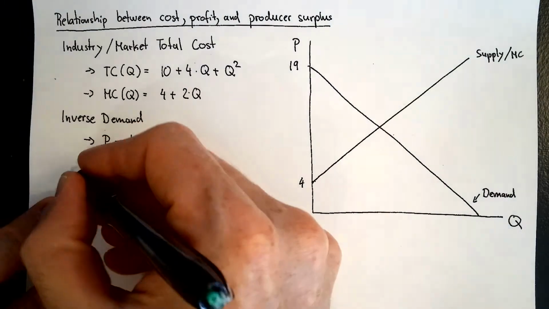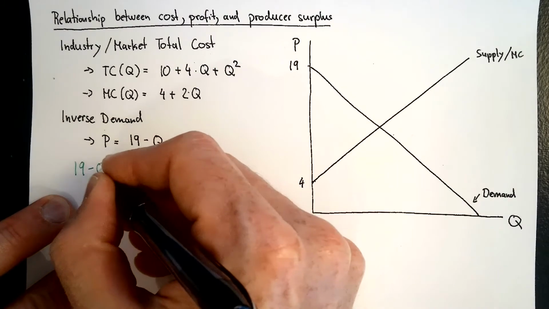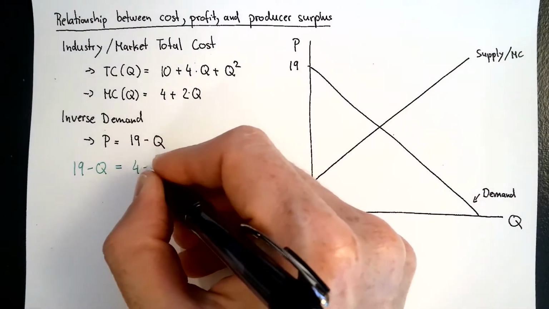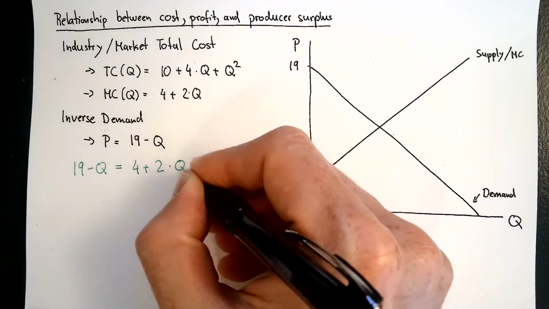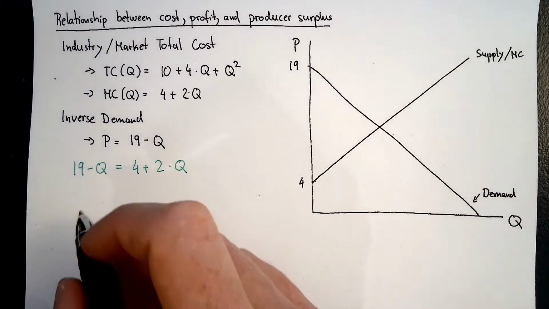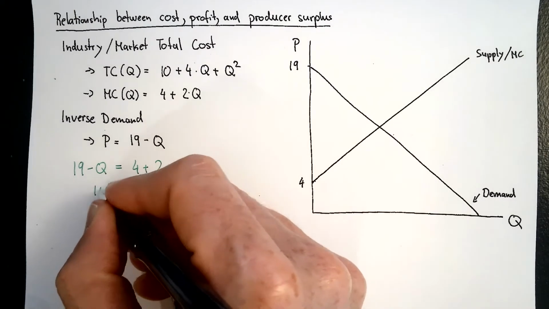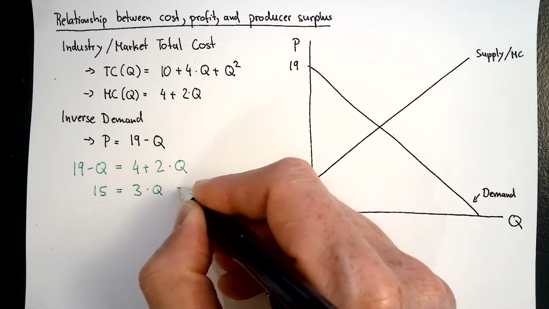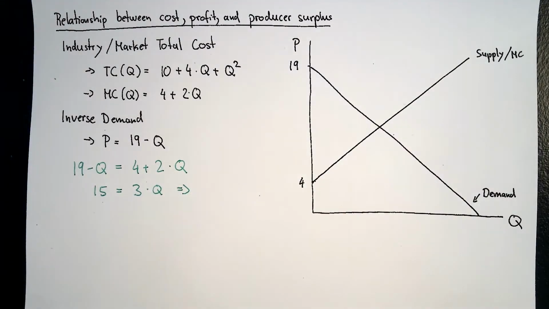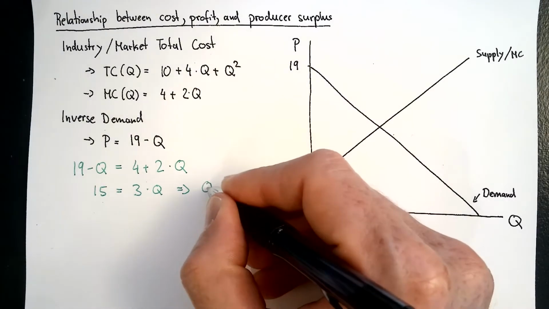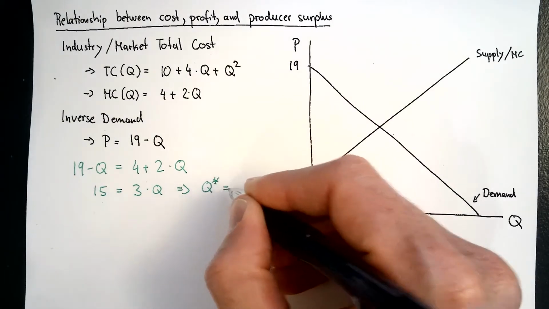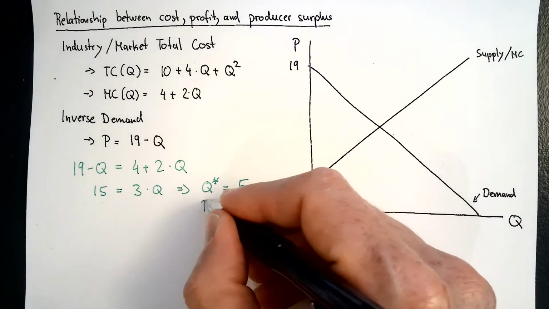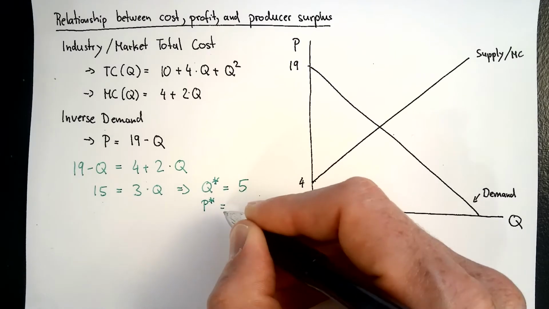So we have 19 minus Q is equal to 4 plus 2 times Q. So you can solve this and you get 15 equals 3 times Q, and hence the equilibrium quantity, let's call this Q star, is equal to 5, and the equilibrium price, let's call this P star, is equal to 14.